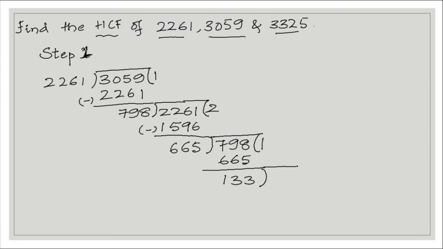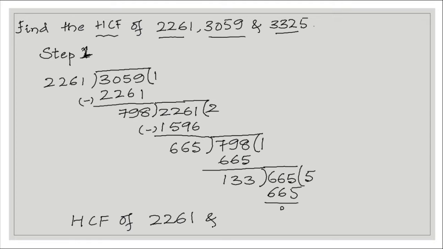Now 133 we need to divide 665. It exactly goes with 5. So with this I got the highest common factor of two numbers 2261 and 3059 as 133, because 133 is a divisor when the remainder becomes 0.